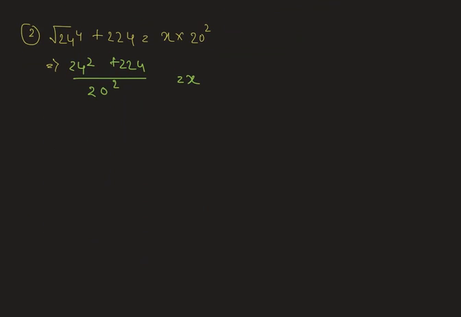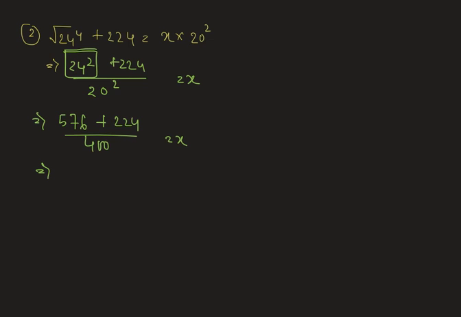Now you have to memorize the squares of different numbers, at least from 1 to 25, and this helps in computation for quantitative aptitude. Here 24 square is 576, plus 224 divided by 20 square, which is 400.